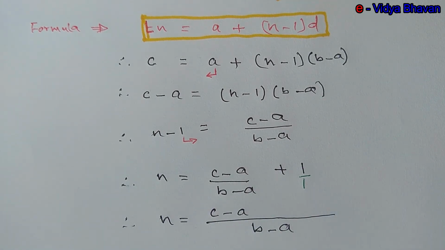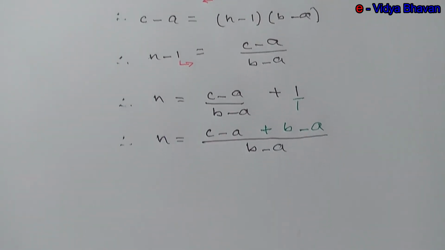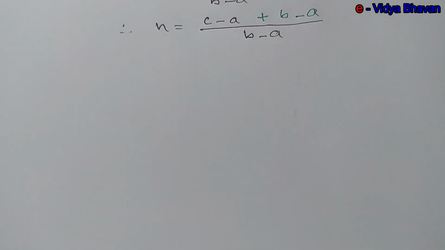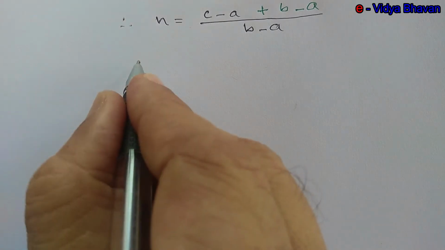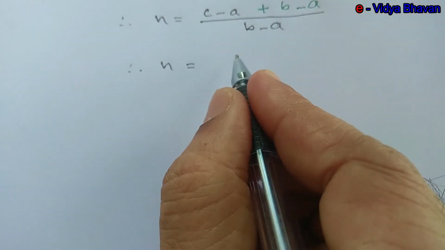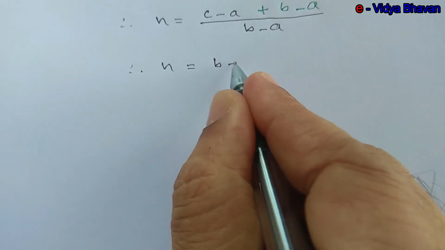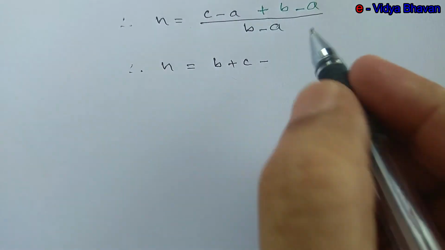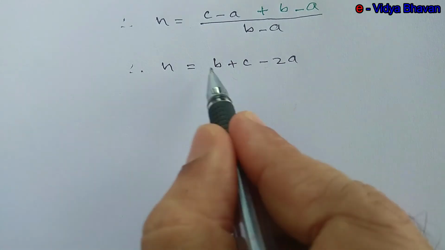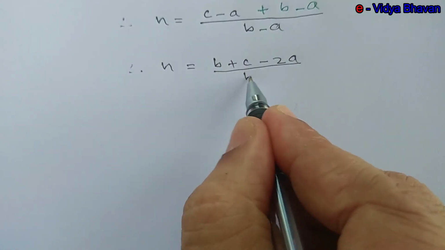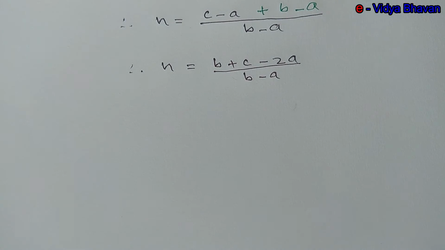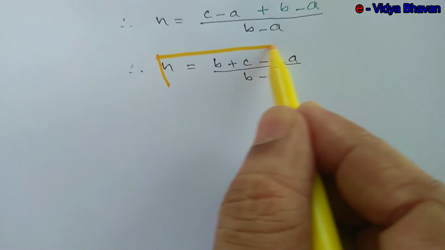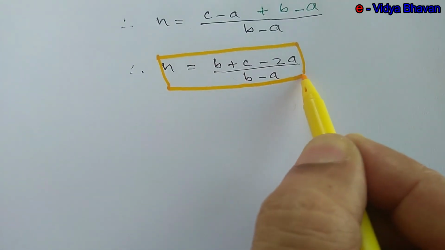So we can have here, further, therefore n equal to b plus c minus a and minus a will give me minus 2a upon b minus a. So again we have got a very important thing. The value of n, we have got it.